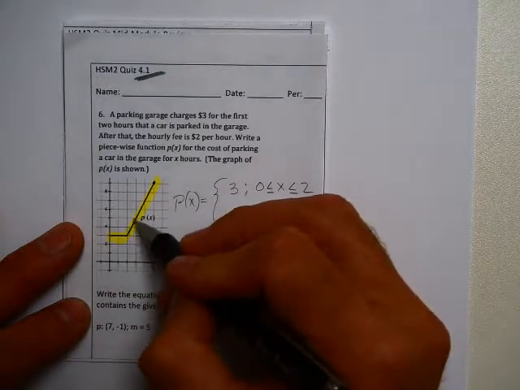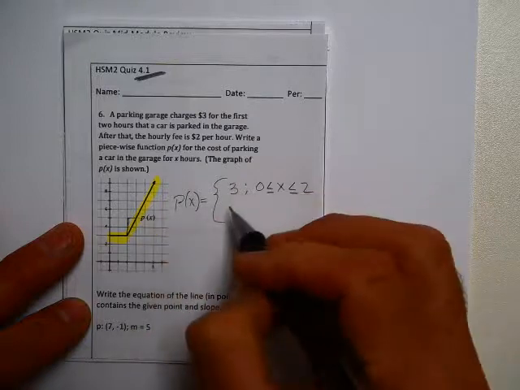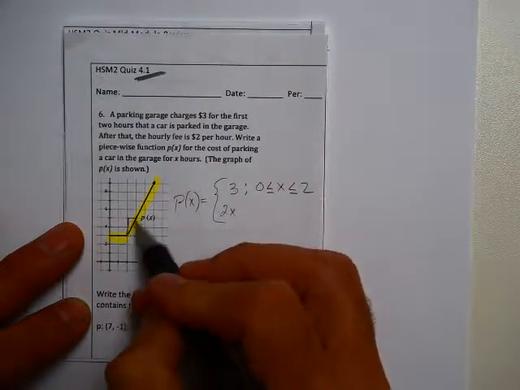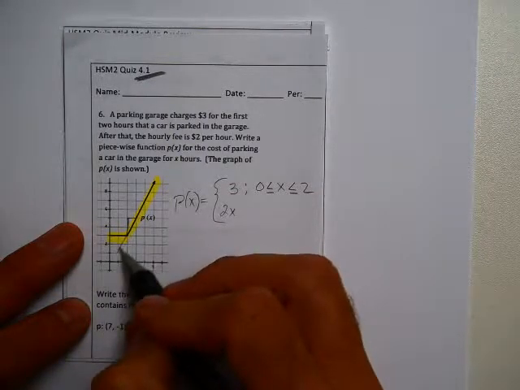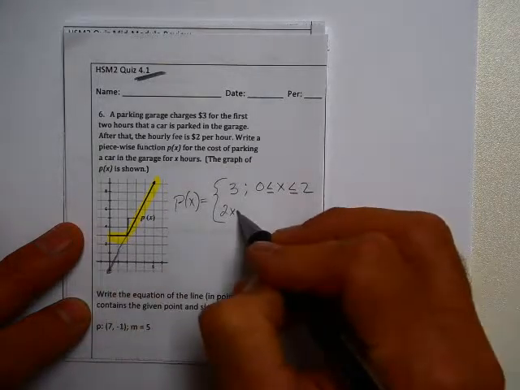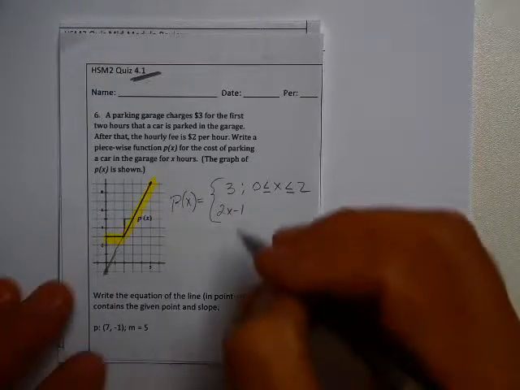So this guy here is going to have a slope of 2, up 2 over 1, so that's going to be 2x. It doesn't cross the y-axis, but if it continued on, it appears as though it would cross the y-axis at -1. So I can use the graph to come up with that equation.